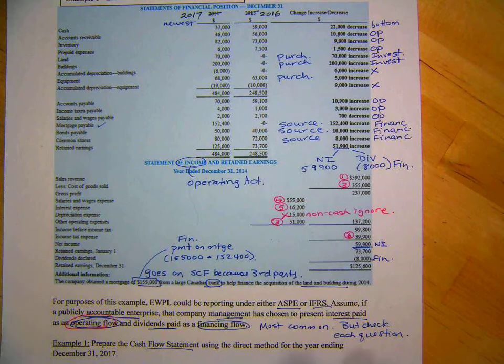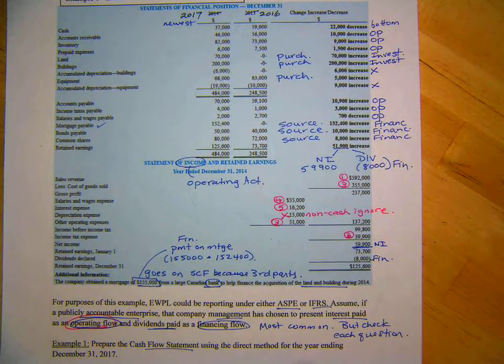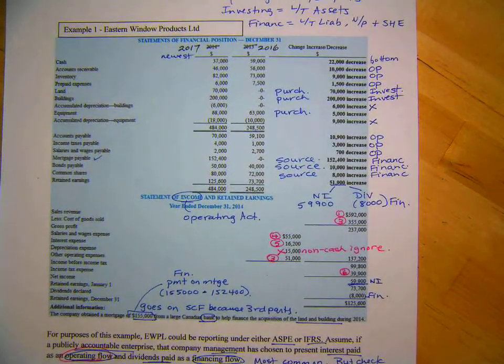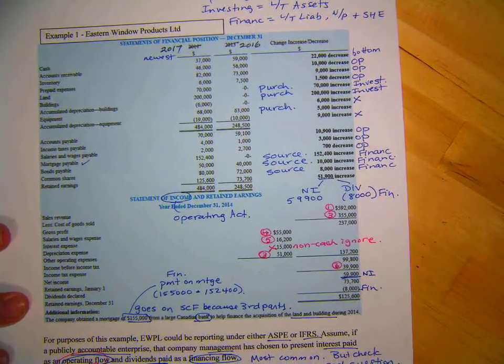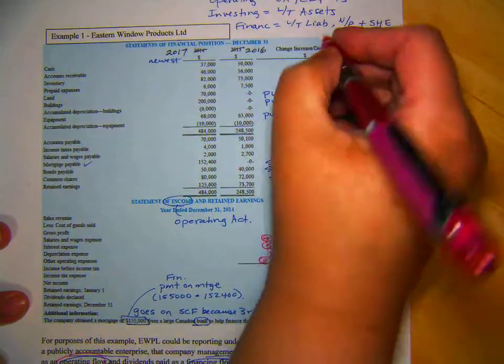Now let's go up and look at the current assets and current liabilities. Okay. So accounts receivable, which section does that go in? Well, it's related to customers, so it's going to be in section 1.